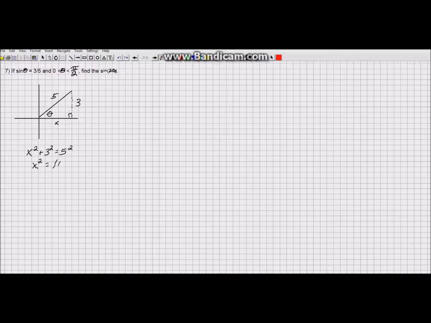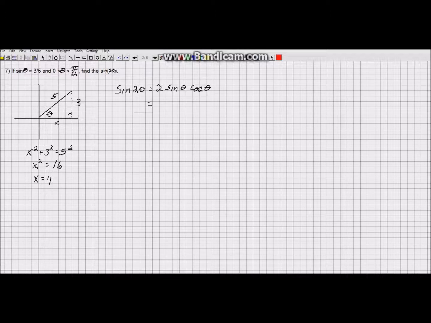Using Pythagorean theorem, x squared plus 3 squared equals 5 squared. I get 25 minus 9 is 16, and x again is 4. I then take the sine of 2 theta and expand it to 2 sine theta cosine theta.